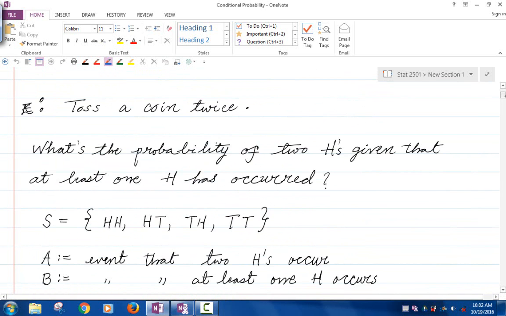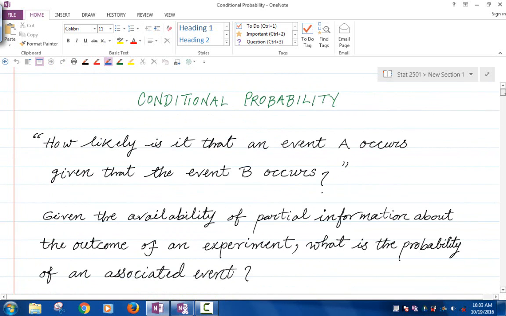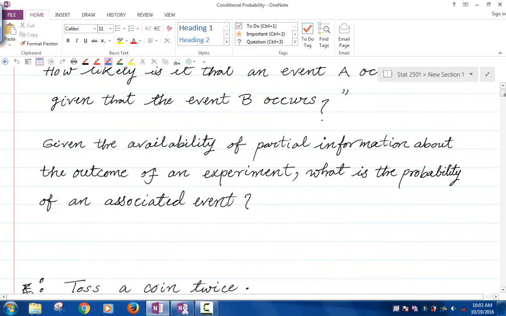Okay, so remember that we started to talk about conditional probability.